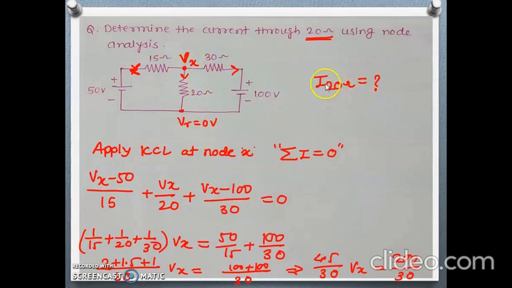Now we want this I 20 ohm value. So Vx divided by this 20 ohm, because the potential across it, Vx minus 0, is nothing but Vx.